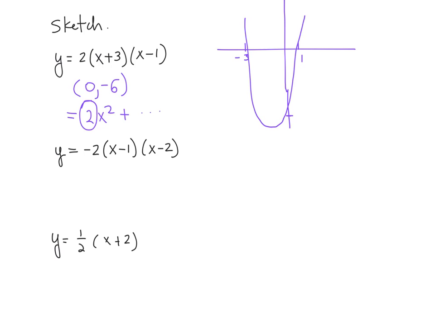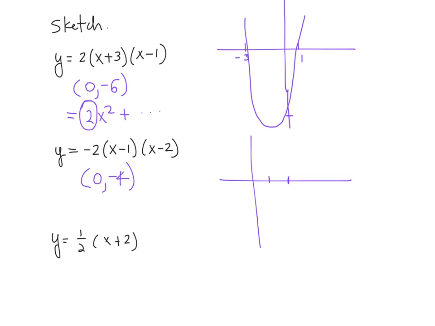Alright, for the second function, we have negative 2 times x minus 1 times x minus 2. So this will have zeros at 1 and 2. When the x value is 0, the y value will be negative 2 times negative 1 times negative 2, which is going to be negative 4.